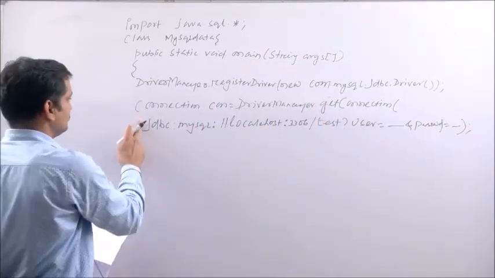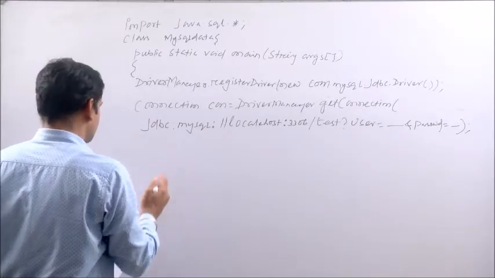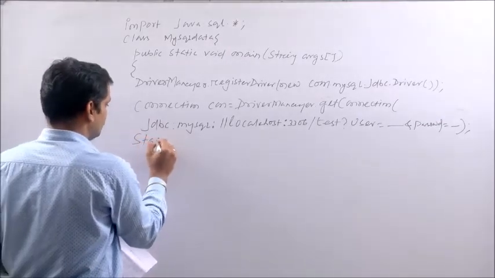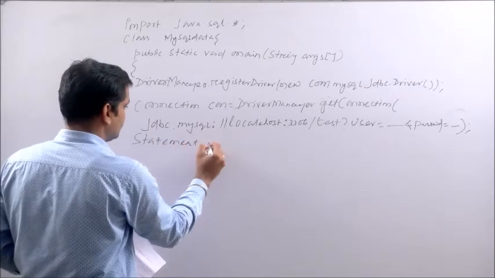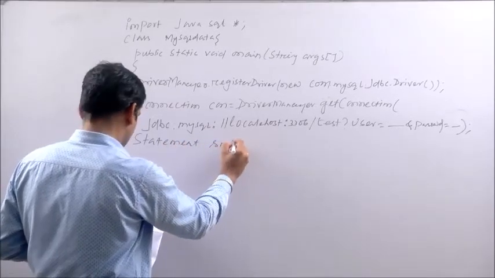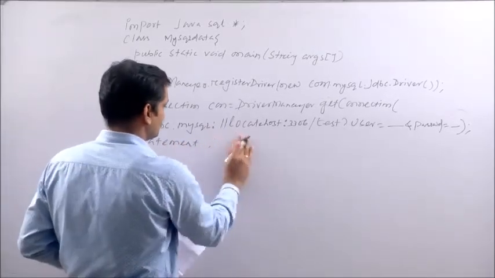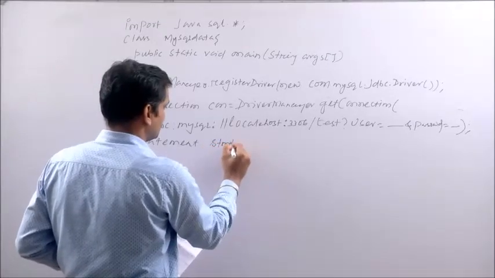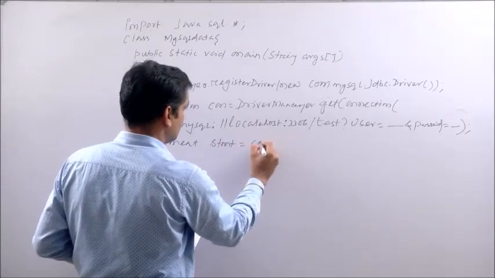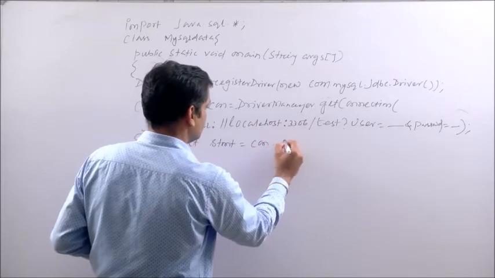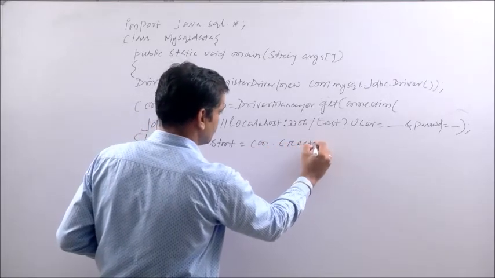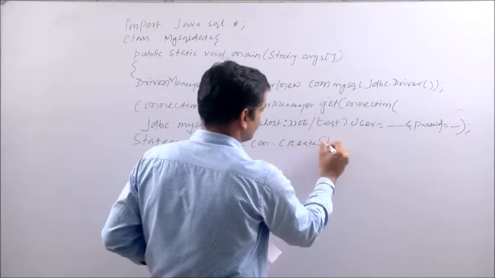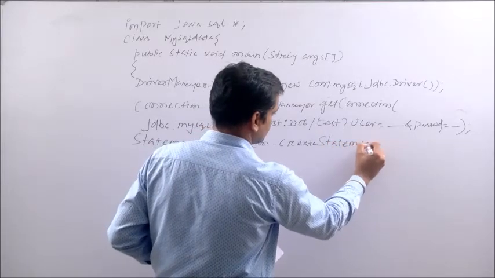Then next is to create the SQL statement. All the stages I explained here, I am just writing one by one. You just combine them in one program, in one class, including main, and that becomes a program for you. Con create statement.